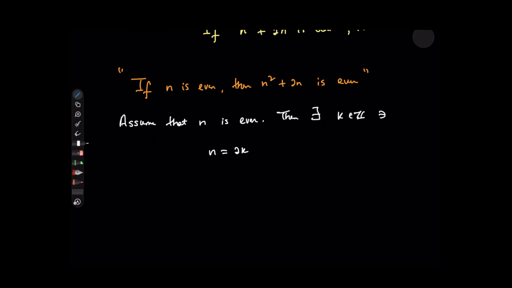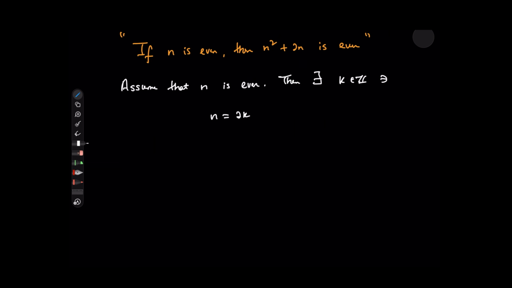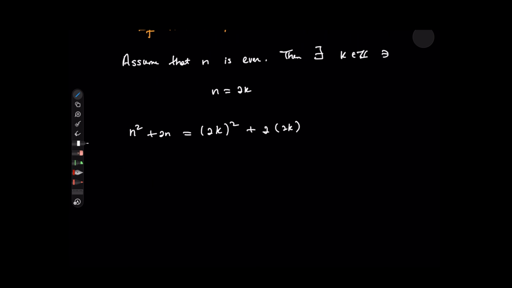Now we're going to substitute this into n squared plus 2n. So I will have that n squared plus 2n will be equal to 2 by k all squared plus 2 into 2 multiplied by k. So this will be equal to 4k squared plus 4 by k, which will be equal to 4 into k squared plus k.